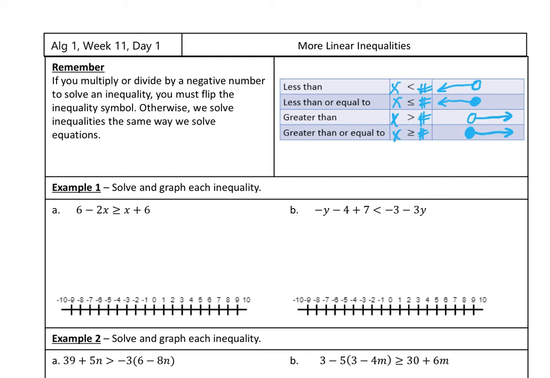So when we solved equations with variables on both sides, I told you it doesn't actually matter which way you move x or the number, which is true. And that's a little bit different here. It doesn't have to be. You can move negative 2x to the right, or you can move x to the left, and you can get the right answer. But this time we have the inequality symbol to worry about, and the fact that in order for us to use this chart, x is supposed to be on the left side.